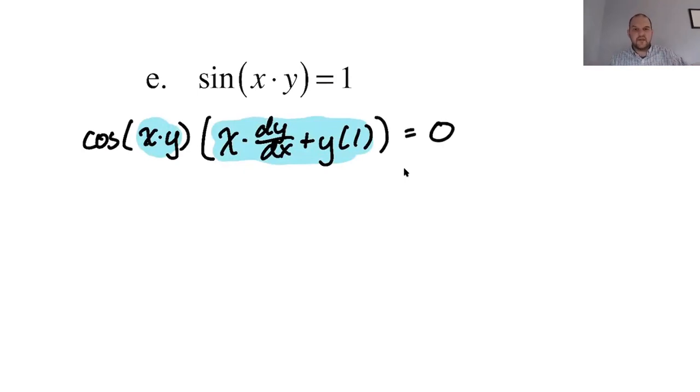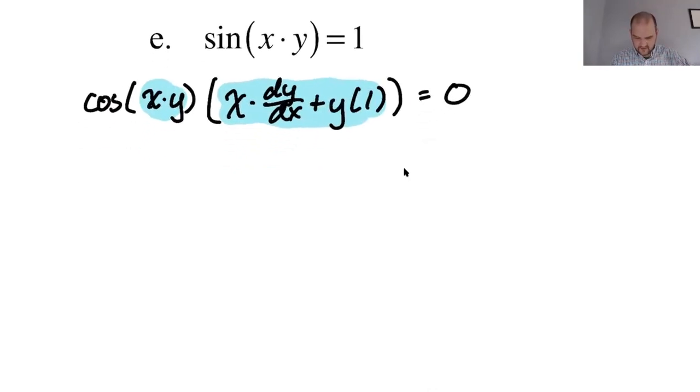All right, so now what are we doing? What do we have here? This equals 0, right? There are two ways to do this. I'm going to choose one particular way.